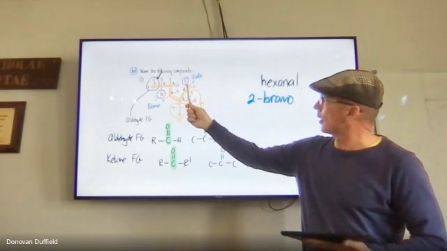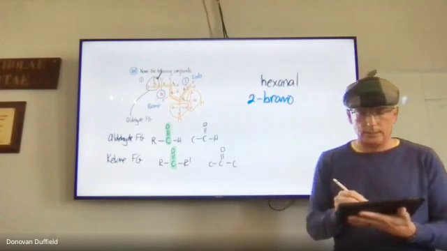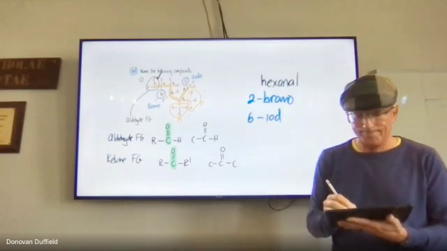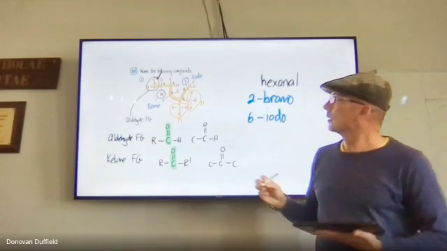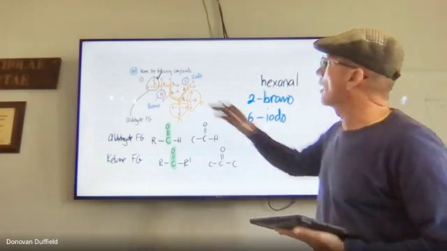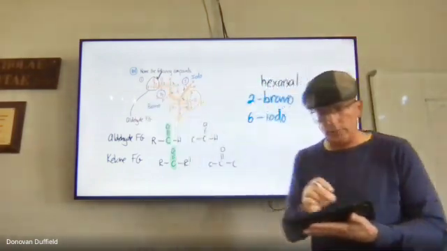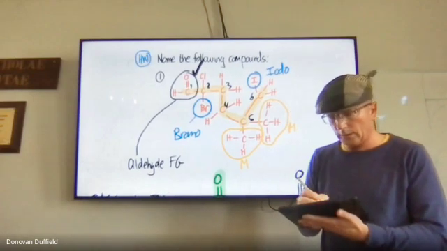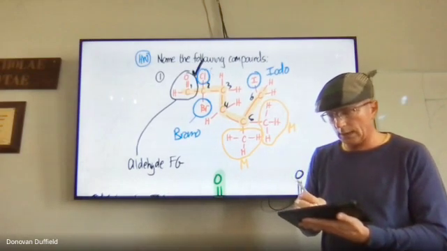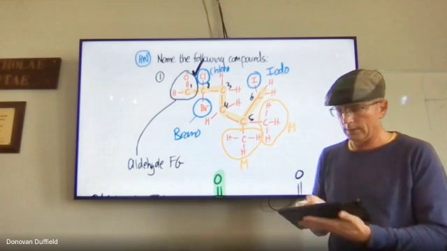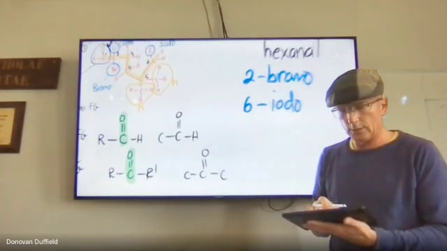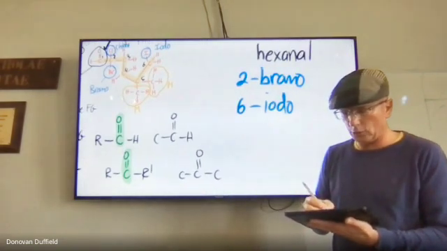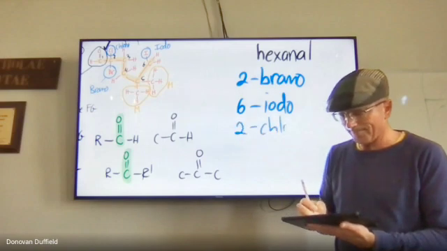We've got iodo on carbon number 6. It's 6-iodo. Have I missed a chloro? Ah, thank you very much. I've missed a chloro as well. Thank you, Trent. So that is going to be 2-chloro.